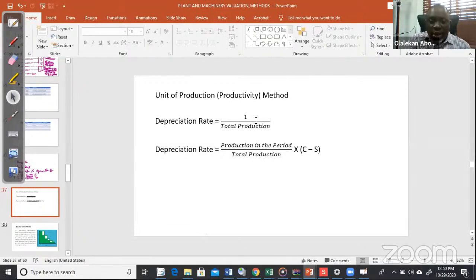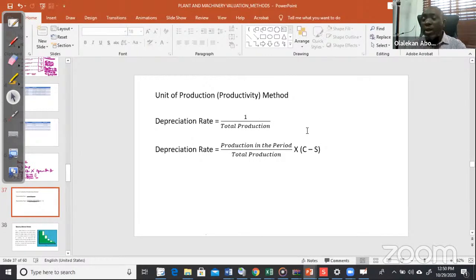Thank you. Okay, now, so it follows the same process, but for every plant, before they can tell you that the life expectancy of a plant is so many years, they have looked at the hours of operation, they have looked at its capacity to produce, they have looked at the kind of movement in the equipment, how many cartons or tonnage it can produce.